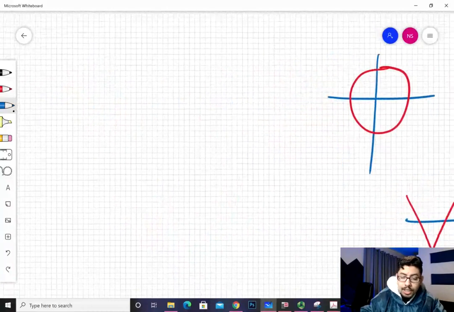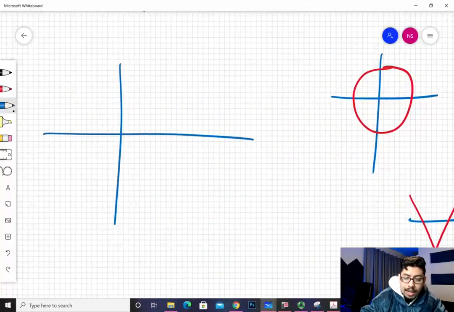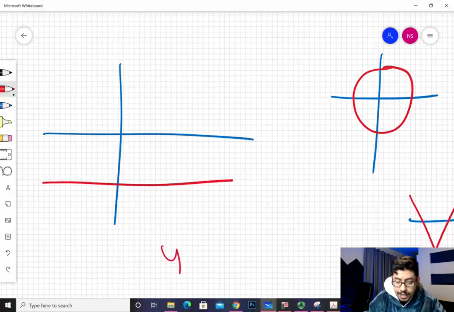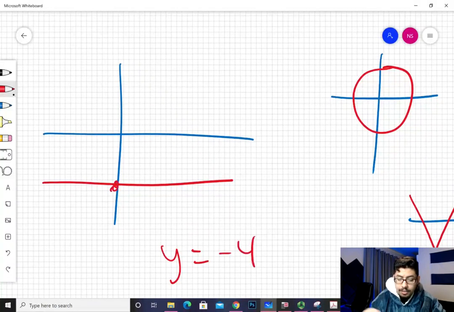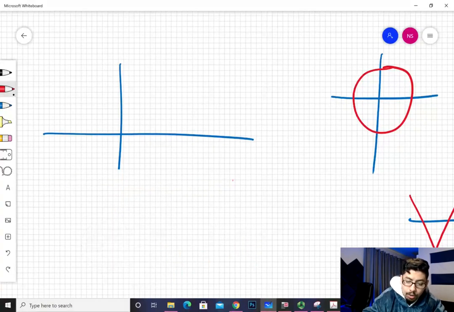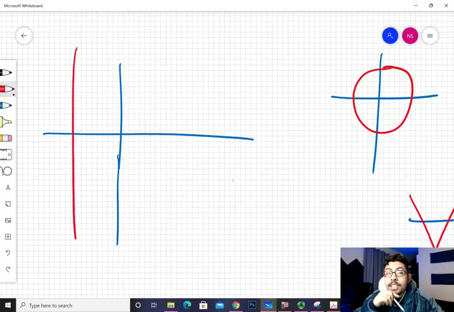So if you recall in the last lesson, I gave you a graph and then I drew a flat line, and I said the linear equation of this will look like y equals whatever it crosses down here. Let's pretend this crosses -4. That's the linear equation. But if you recall, I did say if you are given a graph and you have a vertical line, it's considered undefined.